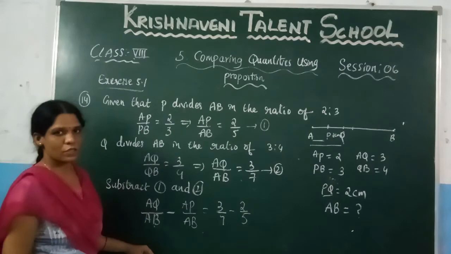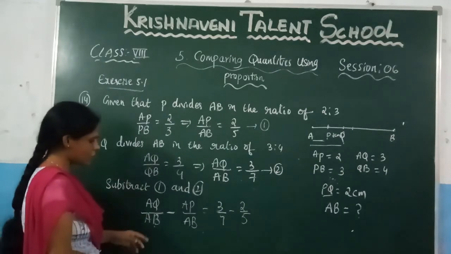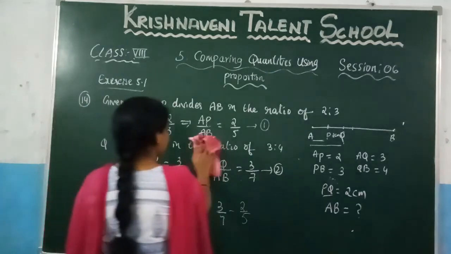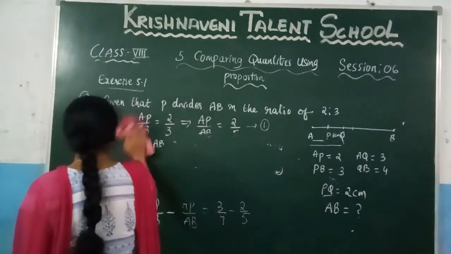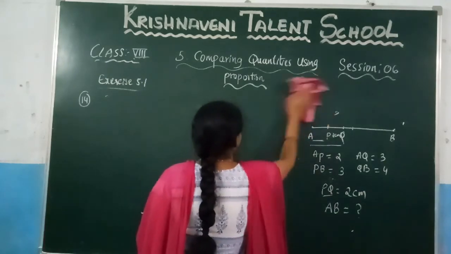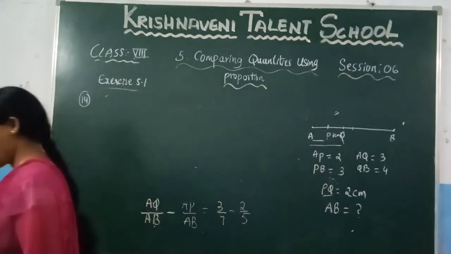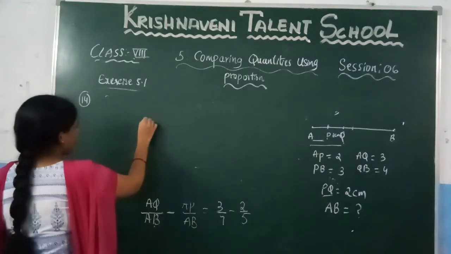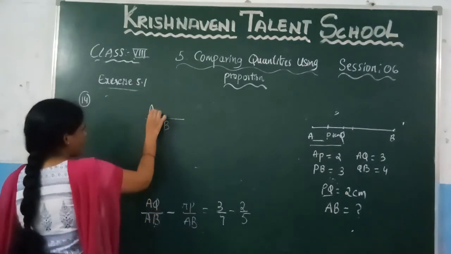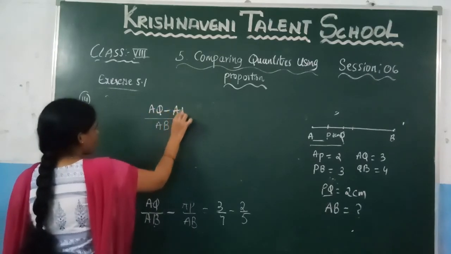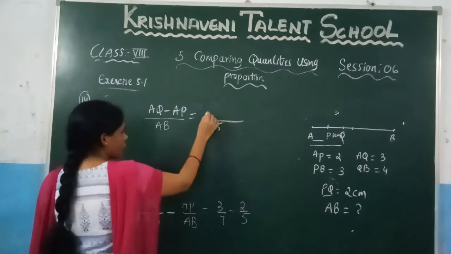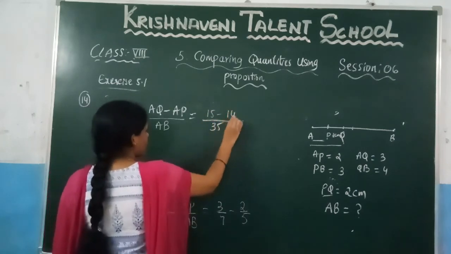Let us solve this one. If you take the LCM, you will get AB in the denominator, and the numerator is AQ minus AP. Now solve this one. You got 15 minus 14.